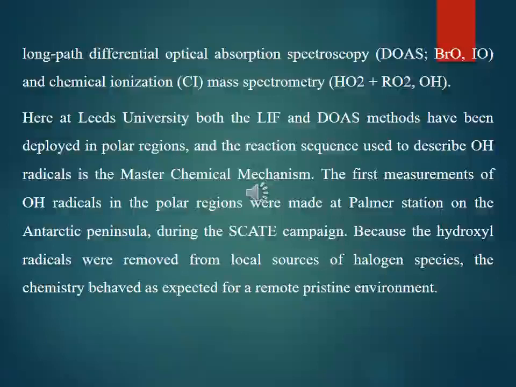The first measurement of hydroxyl radical in the polar region was made at Palmer Station on the Antarctic Peninsula during the SCADE campaign. Because the hydroxyl radicals were removed from local sources of halogen species, the chemistry behaved as expected for a more pristine environment.